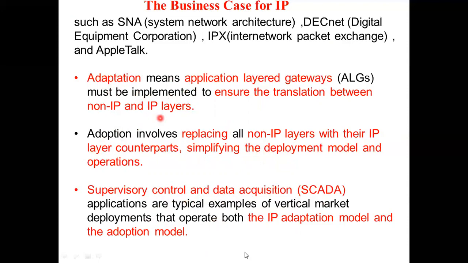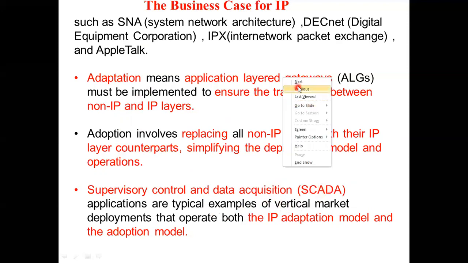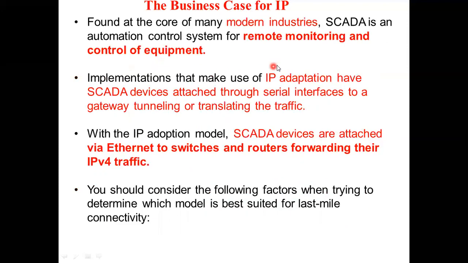Some of the protocols are already built inside that particular mission. There they have to be modified so that they can work with the current IoT environment. That is why we have to do adoption as well as adaptation. That is what it is explaining here. In SCADA, both are implemented. And there we can remotely monitor, as we already said. If a human being is not required, from a faraway place we can monitor and control, we can switch on, we can switch off.